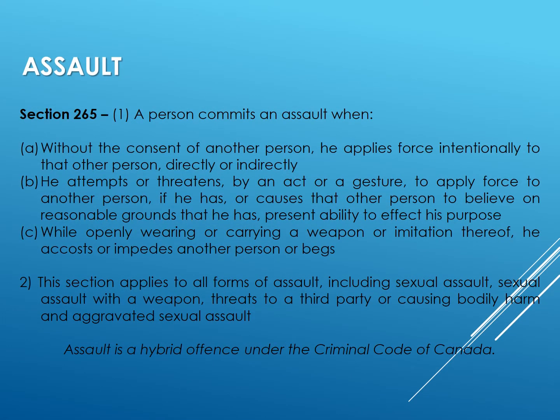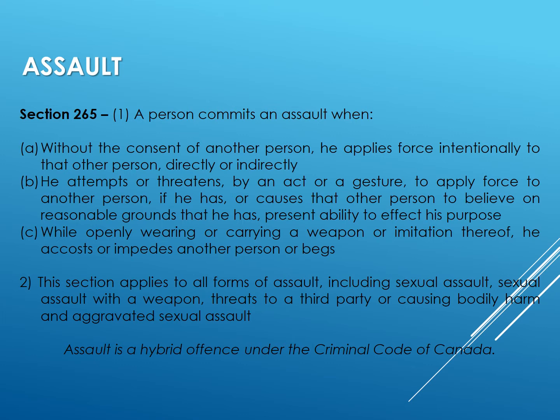Assault. Section 265. 1. A person commits an assault when A. Without the consent of another person, he applies force intentionally to that other person, directly or indirectly. B. He attempts or threatens by an act or gesture to apply force to another person if he has or causes that other person to believe on reasonable grounds that he has present ability to effect his purpose.